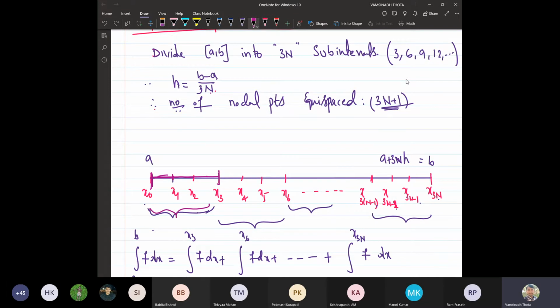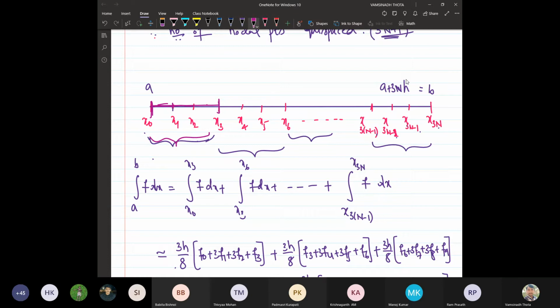And then starting from x3, we take 3 subintervals, 1, 2, 3, so up to x6. In these subintervals, apply Simpson's 3/8 rule again. Similarly, the next one will be x6 to x9, then x9 to x12, and so on.